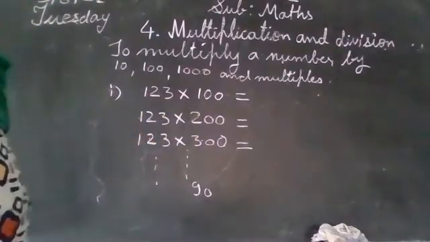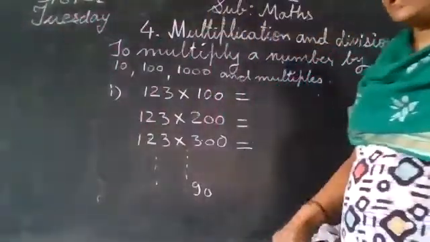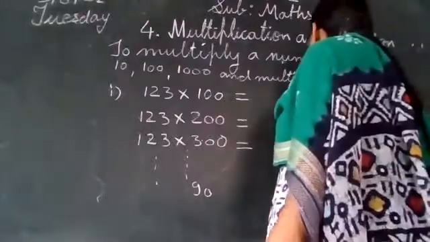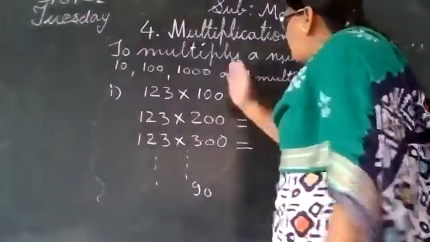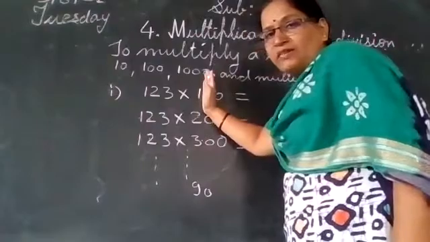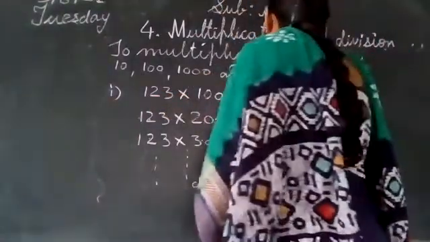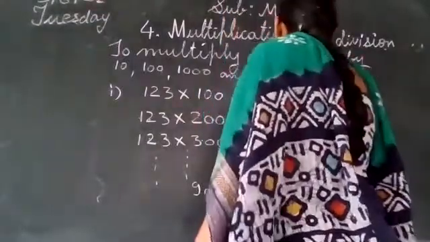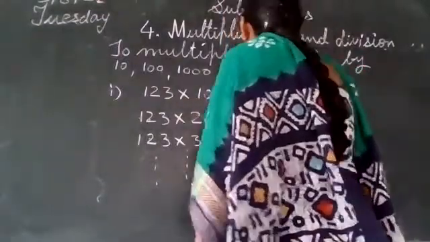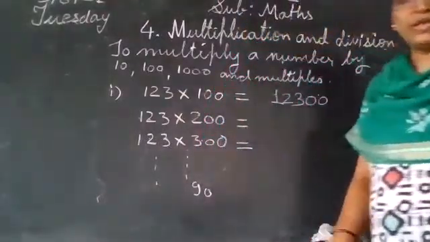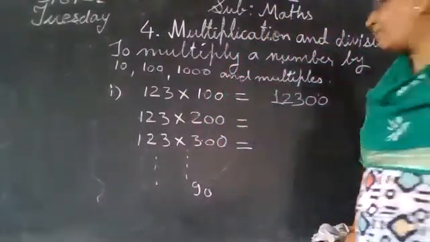Okay, so how will you do it, beta? Now see, again you have to do the same thing. 100 has 2 zeros. So write down 2 zeros first. Now what is left? Only 1 is left. So multiply this number by 1. So you will get 1 3 is 3, 1 2 is 2, and 1 1 is 1. So you will get this number.